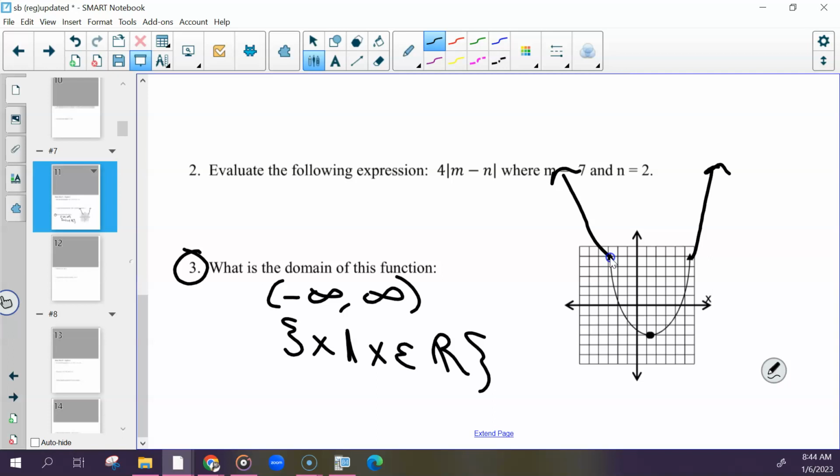Either answer is fine, they both say the same thing. So what this says is x such that x is an element of all real numbers. But really, it means that it starts at negative infinity and goes to positive infinity.